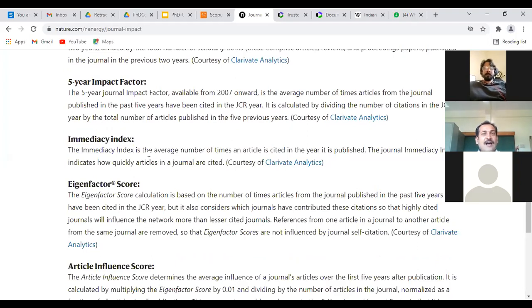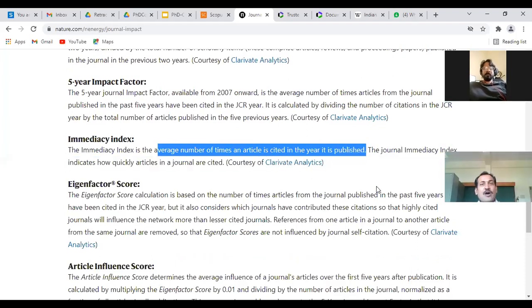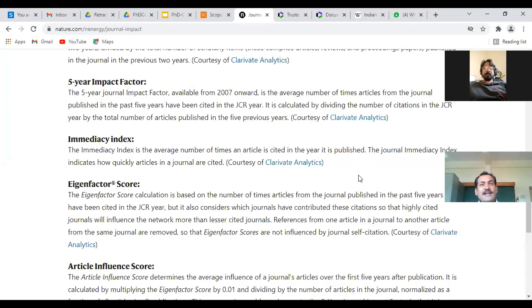Now this is the average number of times an article is cited in the year it is published, right? Means how many times an article is cited in the same year, that count is there. Depending on that, we can understand how much latest research that journal is publishing.